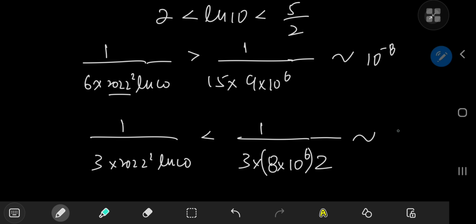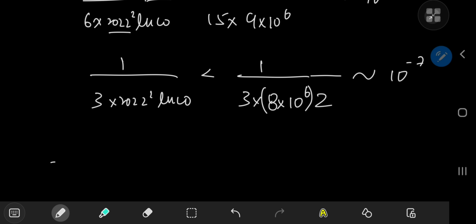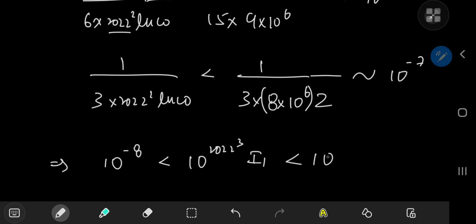So this is of the order of 10 to the negative 7. So all of this implies that 10 to the negative 8 is less than 10 to the 2022 cubed times I sub 1, which is less than 10 to the negative 7. Okay, cool.